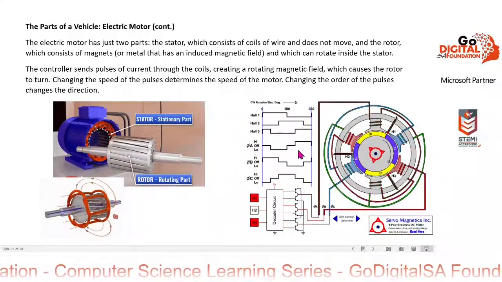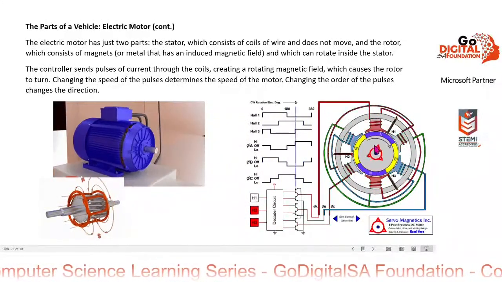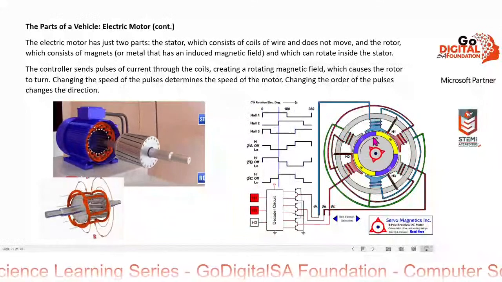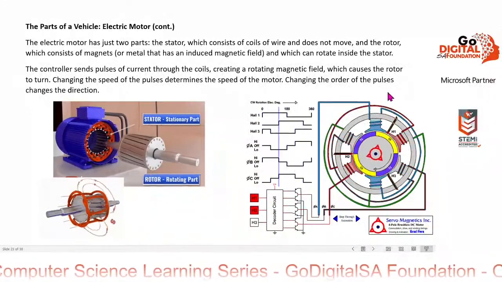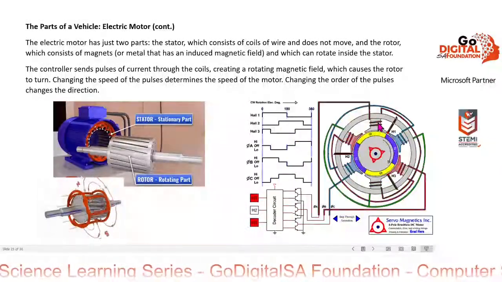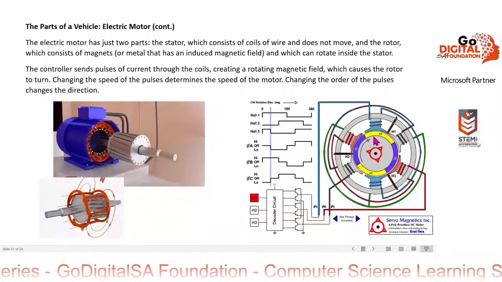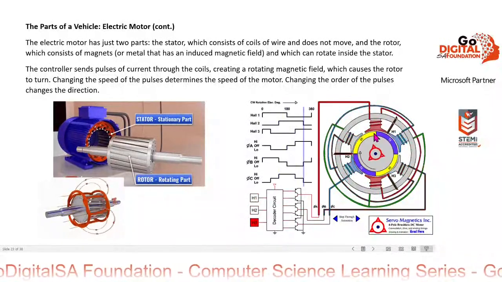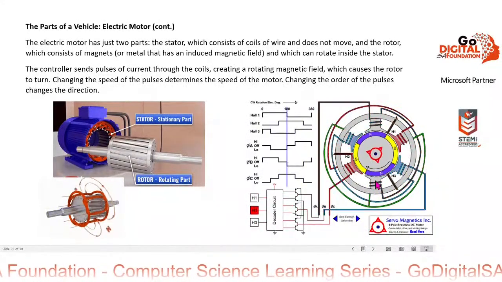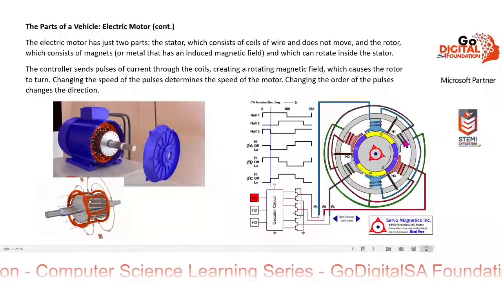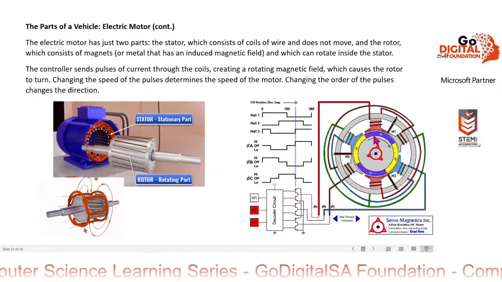This diagram shows in detail how this works. So our rotor on the inside has got a magnet built in. So if we run a current through just this coil and this coil, it will cause the north pole of the magnet on the rotor to point up and the south pole to point down. Then we run a current through this coil and this coil that will cause it to turn.